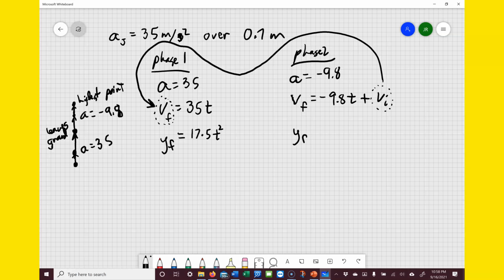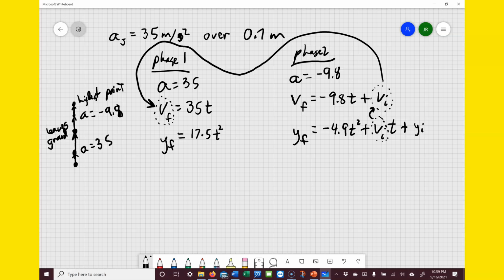So y f in phase 2 is negative 9.8 t squared over 2, which is negative 4.9 t squared, plus v i t, and again that is the same as that other v i, plus y initial.